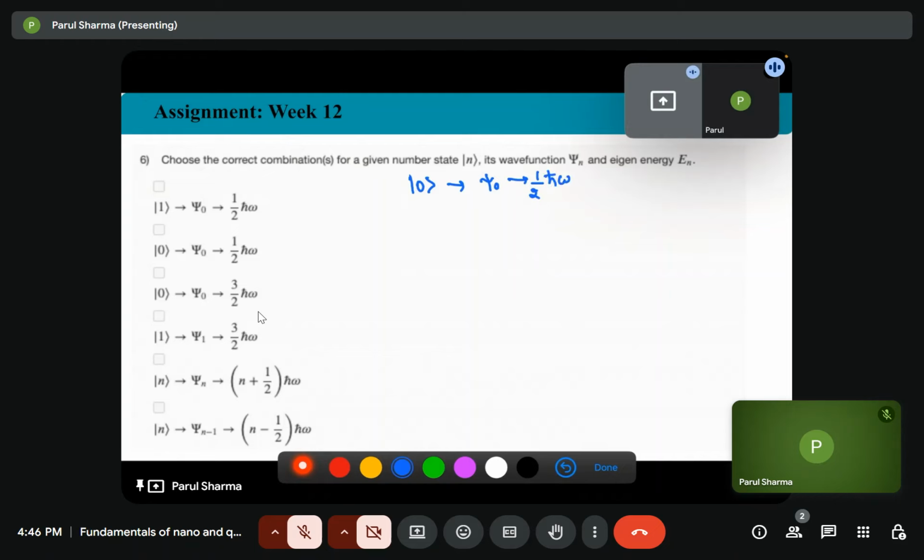So the first option is incorrect because it is not giving the ground state. It is the first excited state. And this is correct. And for the ground state, we have the energy, this energy for the first excited state, not for the ground state.